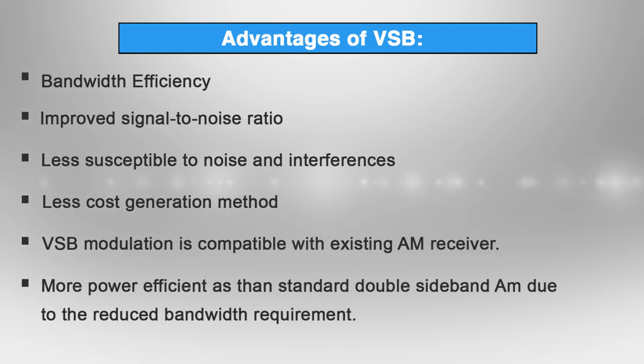VSB modulation is compatible with existing AM receivers, while VSB demodulation is more complex than standard AM demodulation methods. VSB modulation requires quite higher power as compared to SSB or QAM, and it can be more power efficient than standard double sideband AM due to the reduced bandwidth requirement. These can be the advantages of VSB modulation.